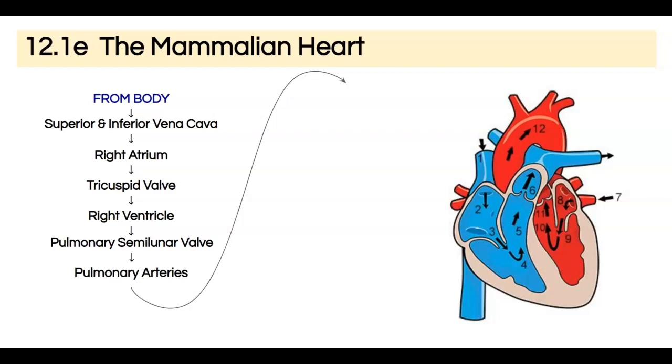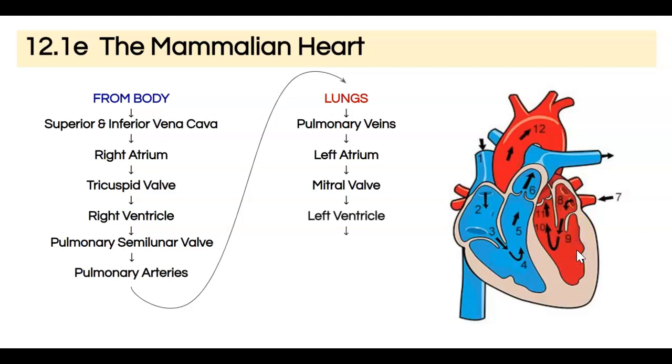Where do they land after that? In the lungs. Good. So blood's moving to the lungs. It needs to get oxygenated at the lungs, and it needs to come back to the heart via the pulmonary veins into number 8, the left atrium, then to the, oops, I forgot, the mitral valve, through the mitral valve, otherwise known as the bicuspid valve, to the left ventricle, up through this, what is that called?